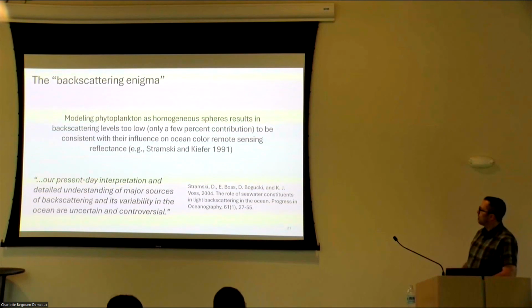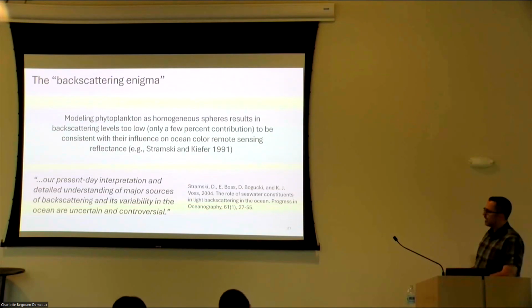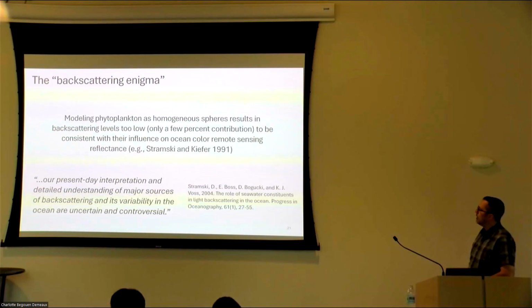Even through 2004, in a review looking at colloid scattering as especially relevant, I just like that quote. In 2004, we still didn't know, and it was controversial. When papers use the word controversial, it's just fun.